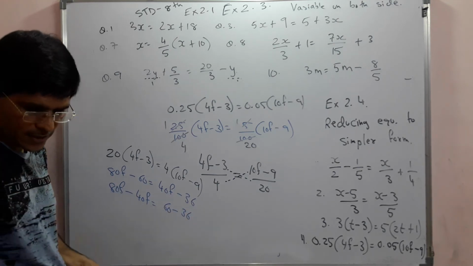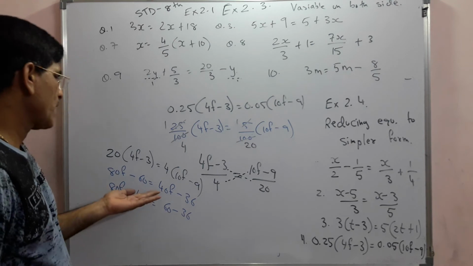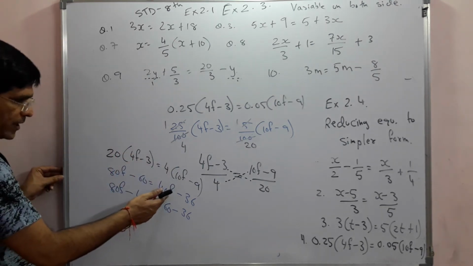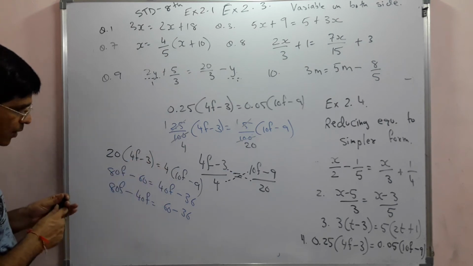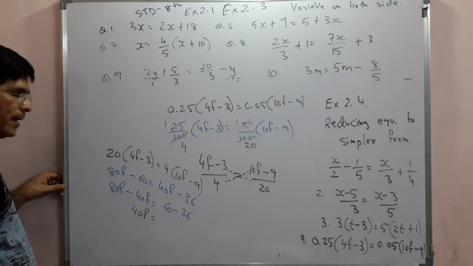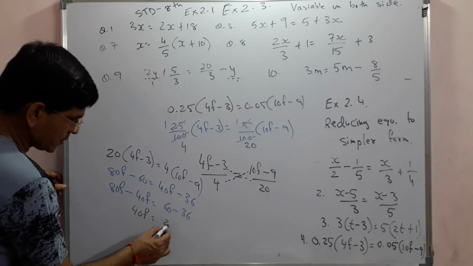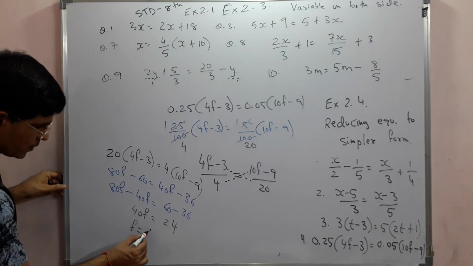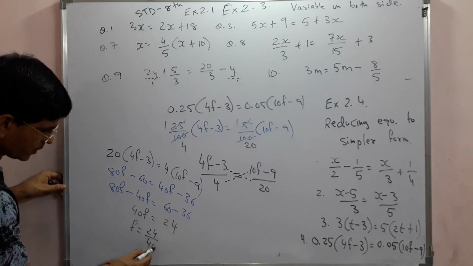What did I do in the last step? Just shift the variables to the left hand side. So plus 40f should be minus 40f. Now 80f minus 40f, that is 40f. 60 minus 36, that is 24. So now f is equal to 24 upon 40.